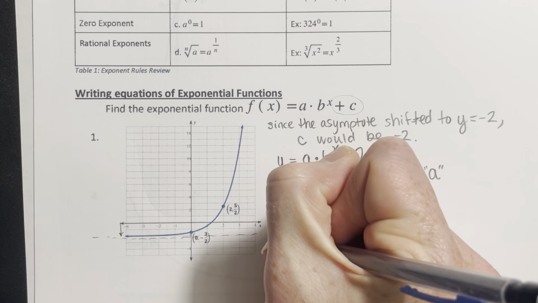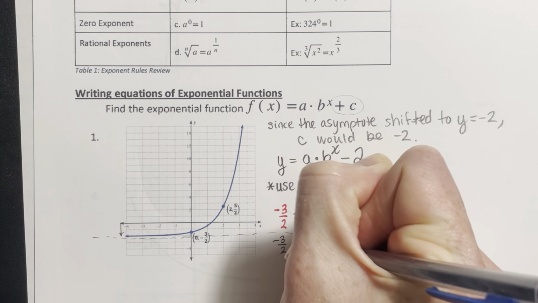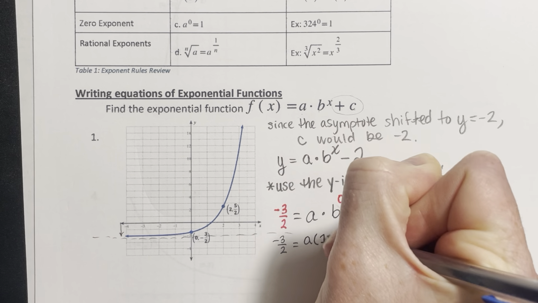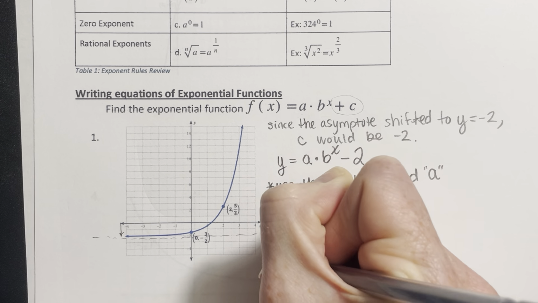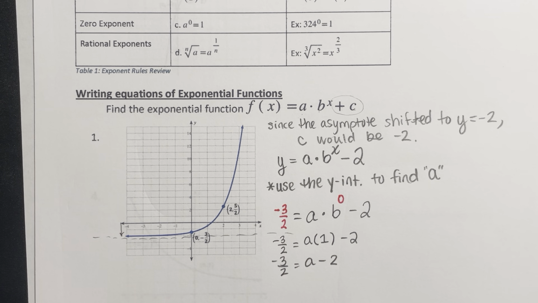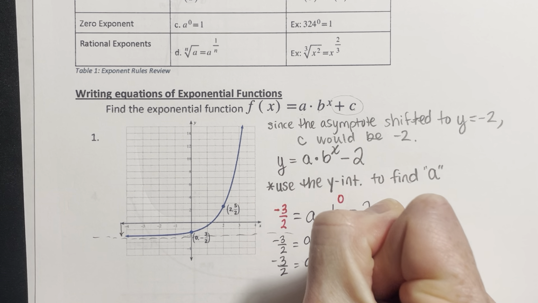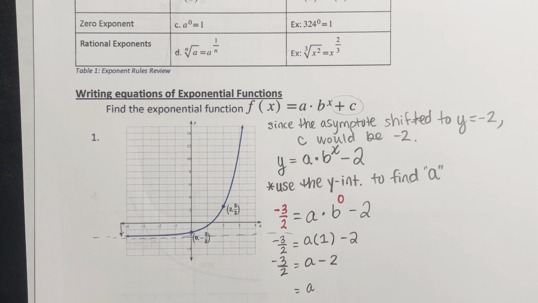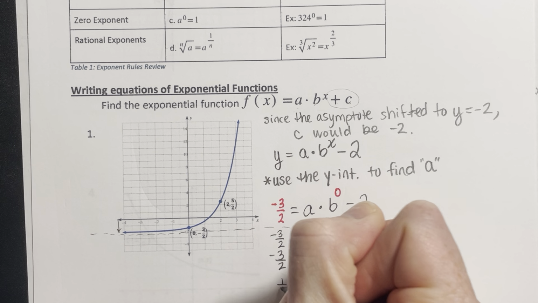So this is saying -3/2 equals a times 1 minus 2, which is just a minus 2. If we're solving for a, we would add 2 to both sides. -3/2 plus 2 is +1/2.